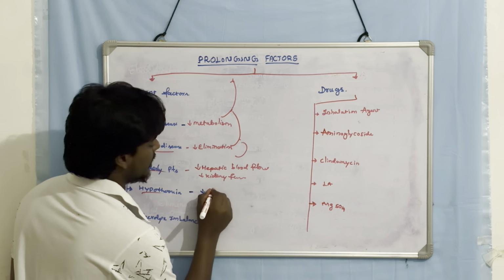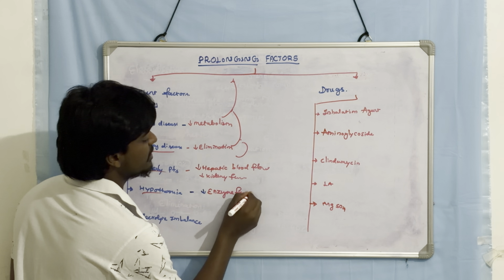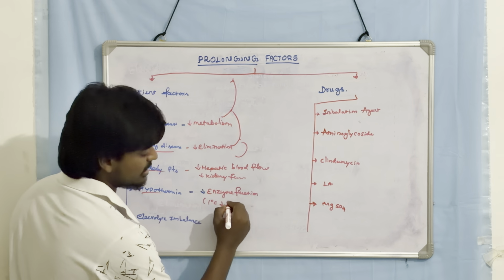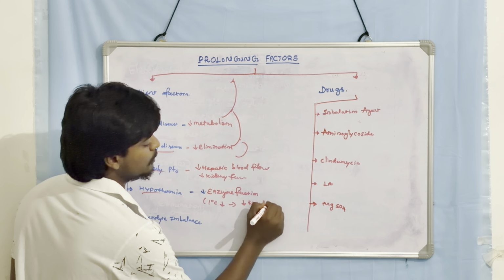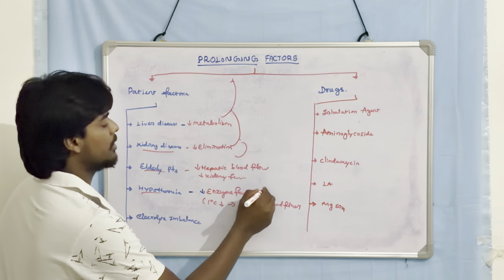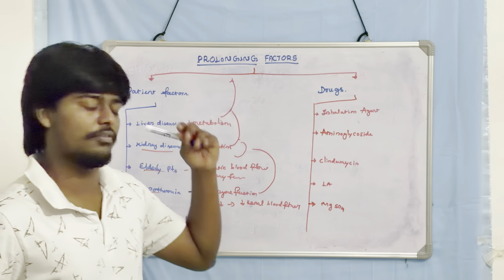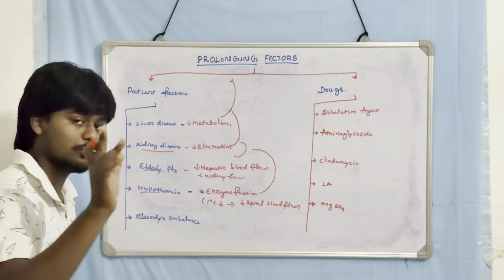Enzyme function is decreased during hypothermia. Even a 1 degree Celsius decrease leads to decreased renal blood flow. It makes metabolism and elimination difficult, prolonging the effect of the Vecuronium. So hypothermia is also one of the factors.